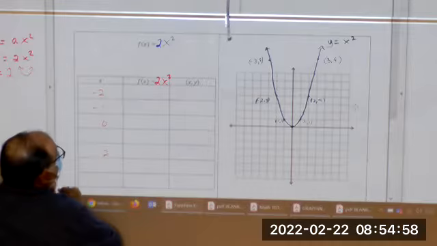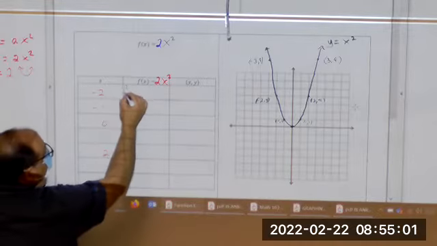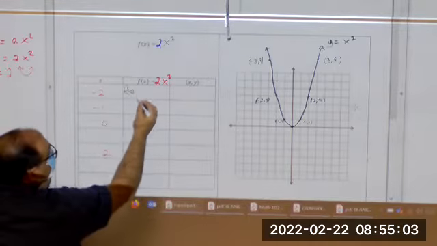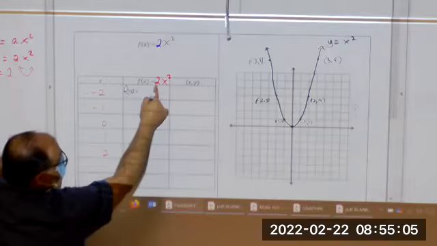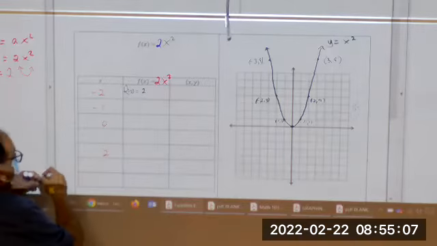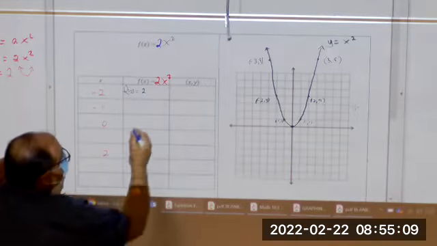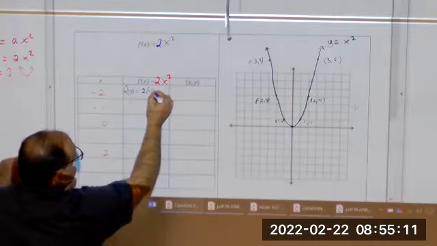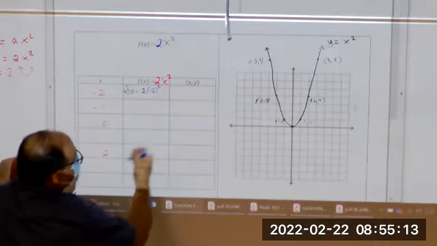So if I plug in -2, f of -2 is equal to 2 times, and when I plug in that -2, make sure you use parentheses, (-2), and you're going to square it.